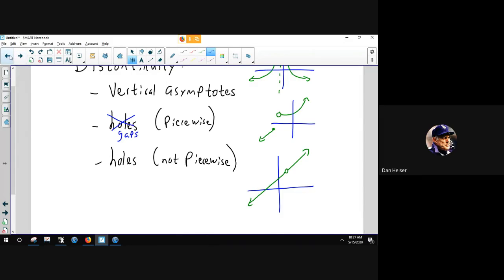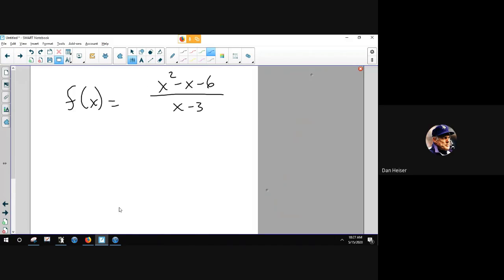So let's look at a function. Here's a function. And let's use some of our analysis tools that we've had for the last couple of weeks to analyze this function. First of all, we notice that the degree of the numerator is greater than the degree of the denominator, which tells us if we were to graph this, we would have a slant asymptote.